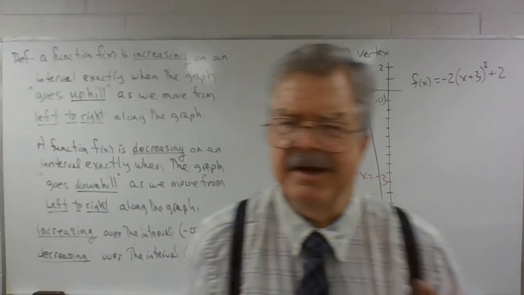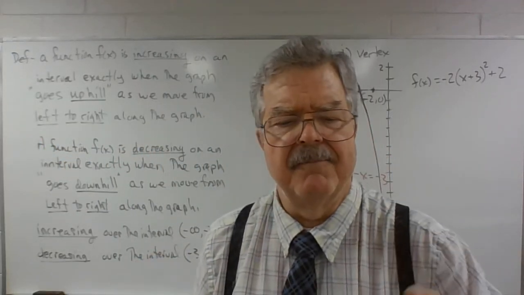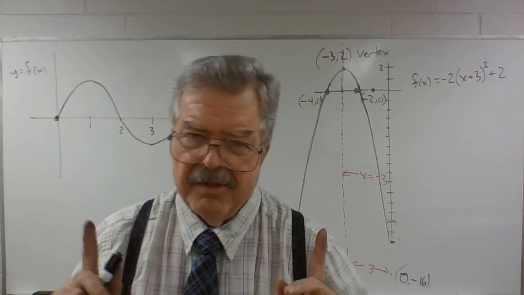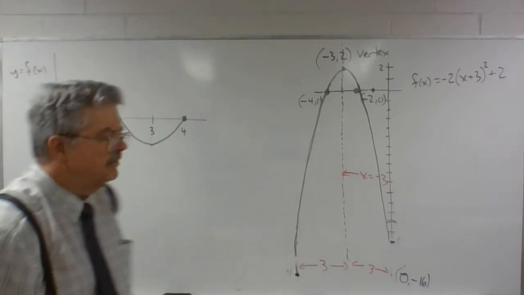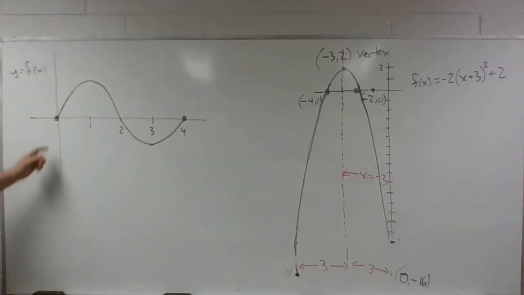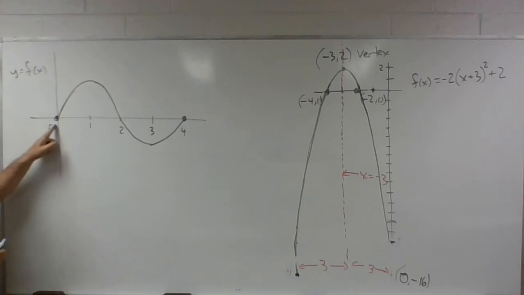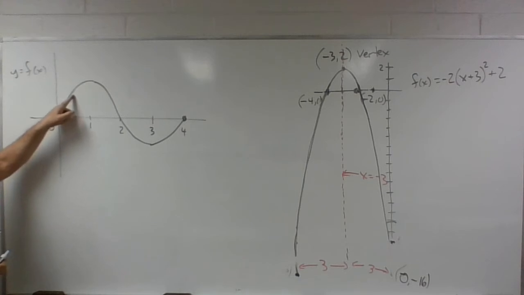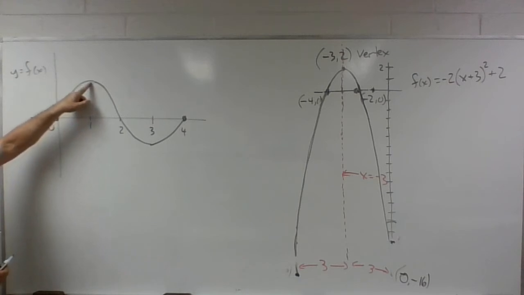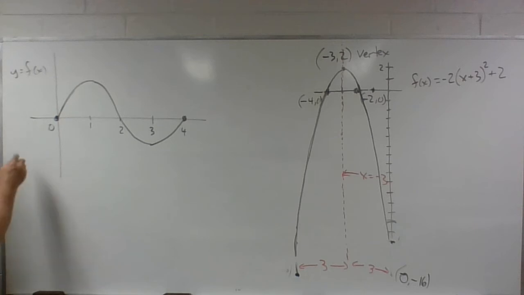Now let's look at an example where it's a little bit more obvious. I'm going to move along the graph starting at 0 on the x-axis, going from left to right. As I do, the graph goes uphill until I reach x equal 1.